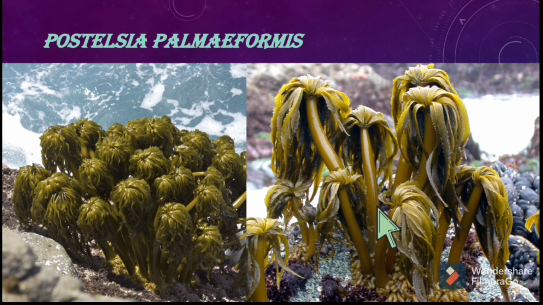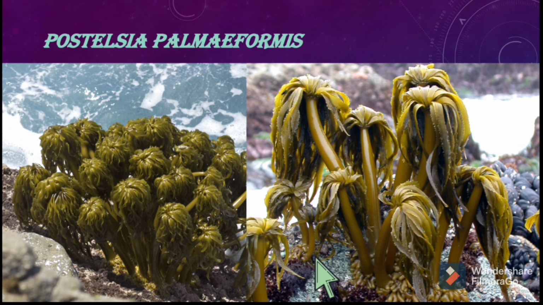The plant body is composed of a short, thick and flexible stipe, bearing at its apex a crown of blades, just like Lessonia flavicans. It is anchored again by a much-branched holdfast.